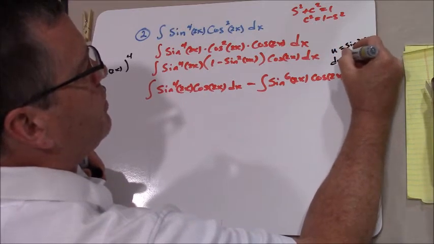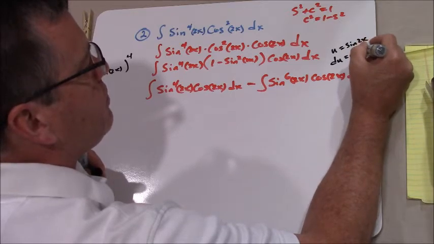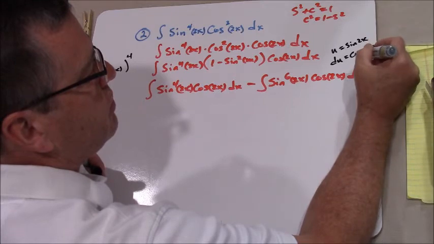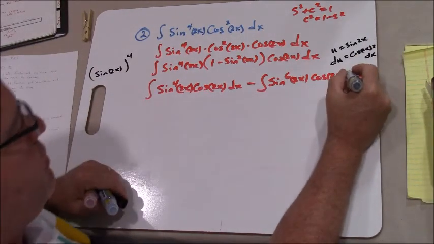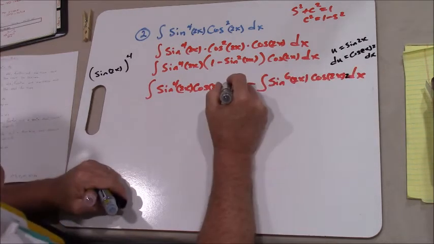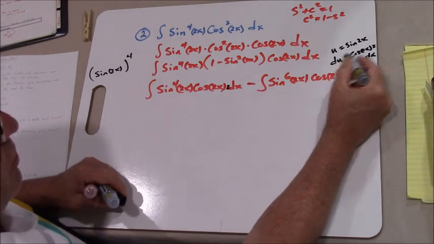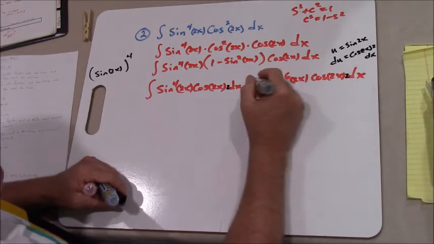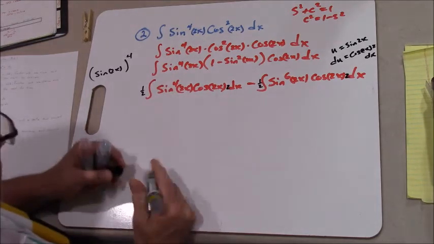So du is going to be the derivative of that, which would be a cosine of 2x times the derivative of the angle, which would be 2, and I just took the derivative of x. So I need to see a 2 here and here to be able to substitute du in place of cosine 2x times 2 dx. So that means I need to put a 1/2 out in front of both of those.